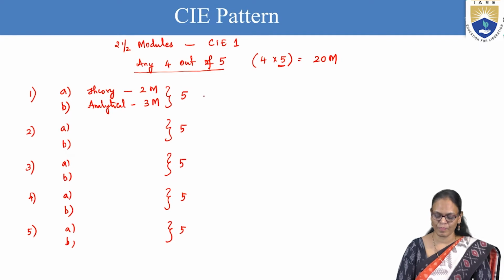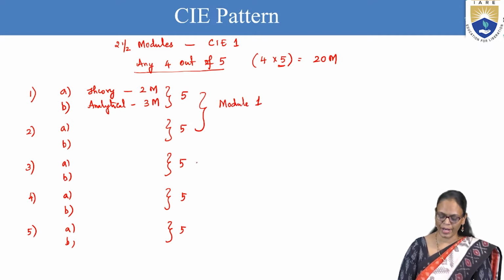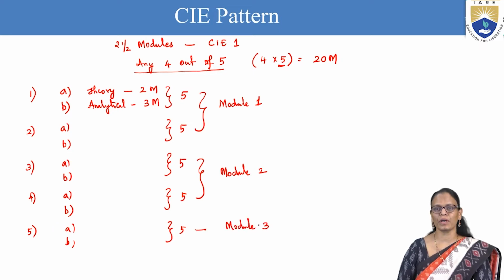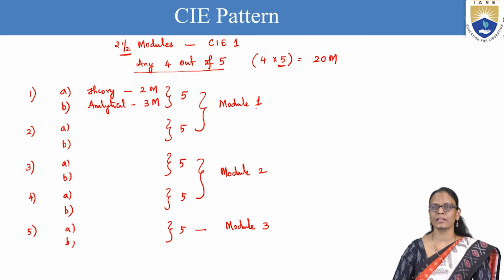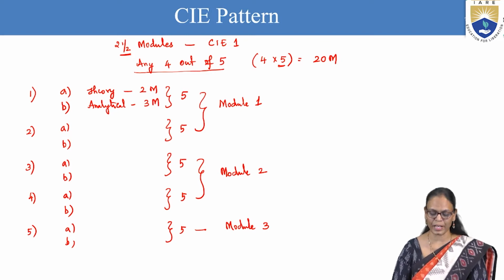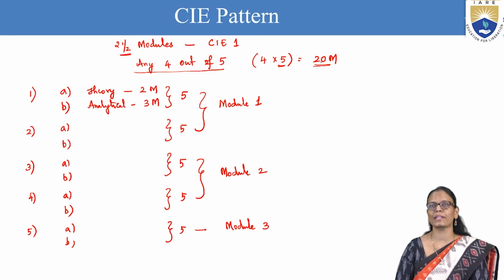Most of the times, the first and second questions will be from module 1, and 3 and 4 will be from module 2. And this will be from module 3. You are going to get only 1 question from module 3 because we are covering only half the part of the module. So this gives a clear idea for you in preparing for the CIE. So 5 questions are given, out of which you have to answer 4. That scores 20 marks for you.